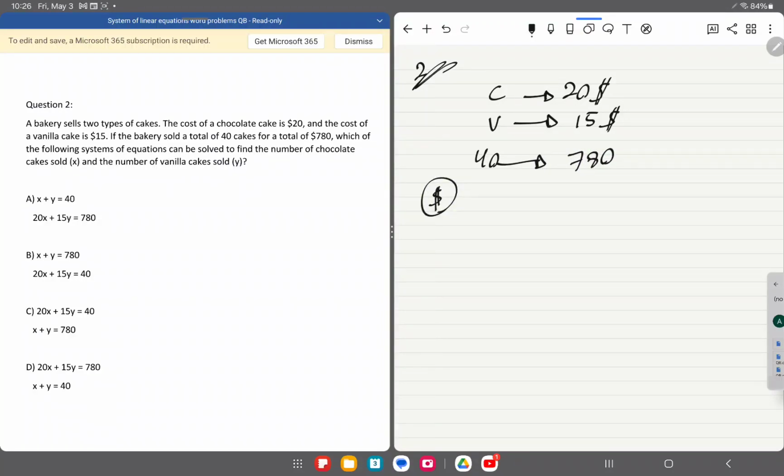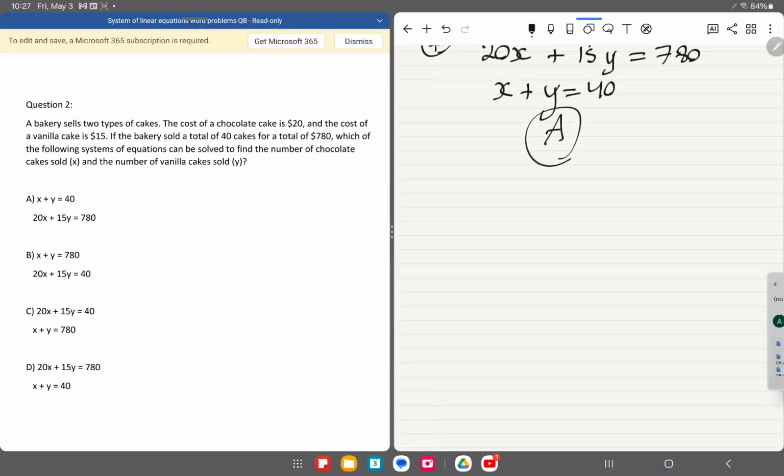So I'm going to focus on the dollars. $20 for chocolate and $15 for vanilla is going to be equal to 780. And chocolate plus vanilla cakes is going to be equal to 40. So the correct option over here, they wanted us to use X for chocolate and Y for vanilla. So X plus Y is equal to 40, 20X plus 15Y is equal to 780. So the correct answer is A.